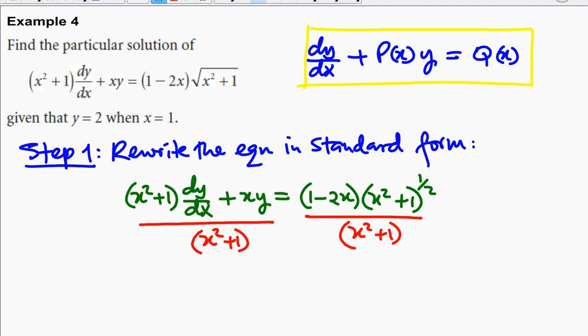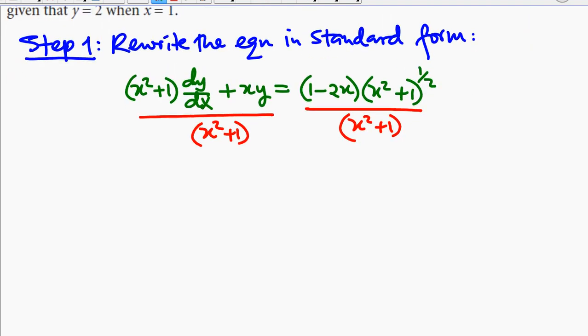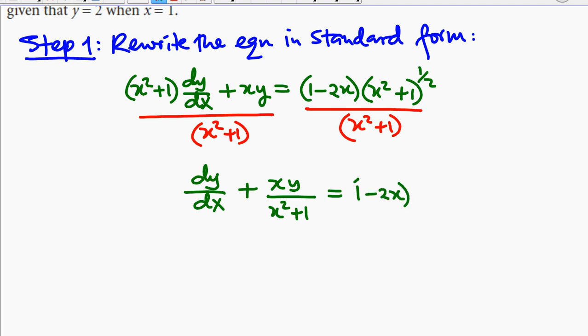So what I'll end up with is dy over dx, and this is actually in standard form, plus xy over x squared plus 1 will be equal to 1 minus 2x multiplied by x squared plus 1 to power negative a half.